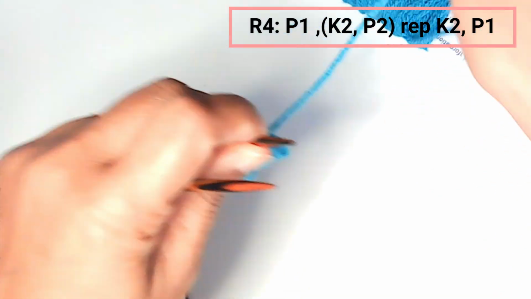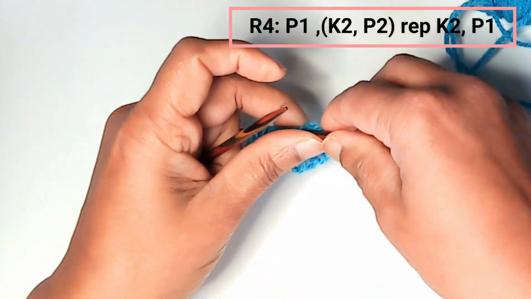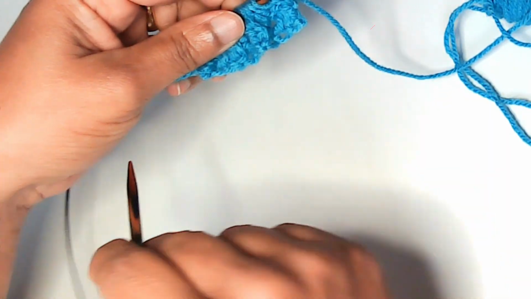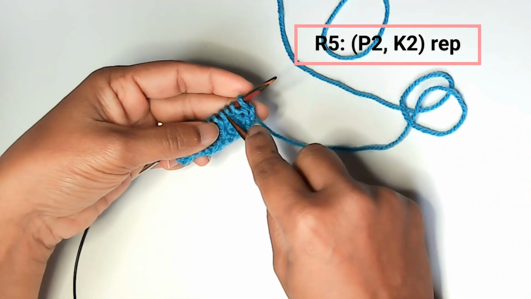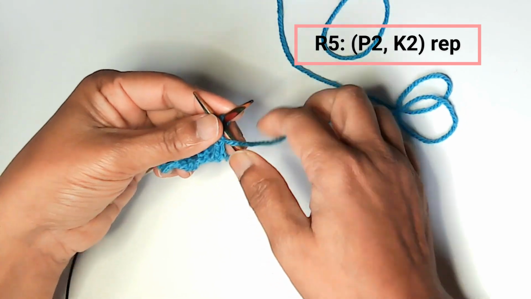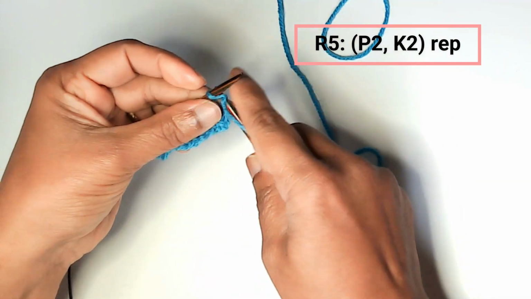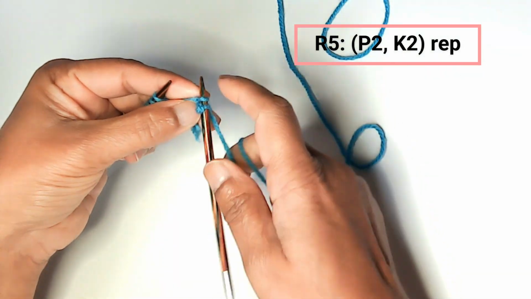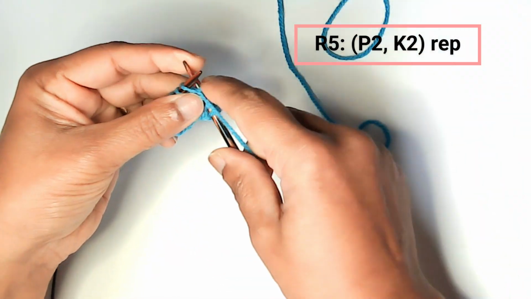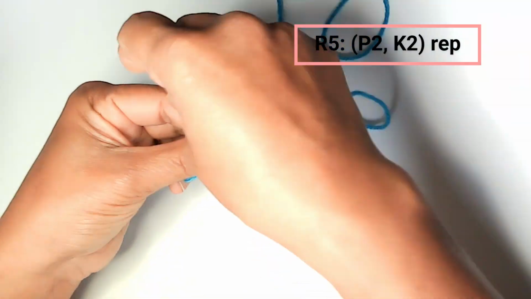Now I am going to do row 5. Row 5 is a repeat of row 4. Row 5 we are going to do purl 2, knit 2. Starting purl 1, purl 2, and knit 1, knit 2.